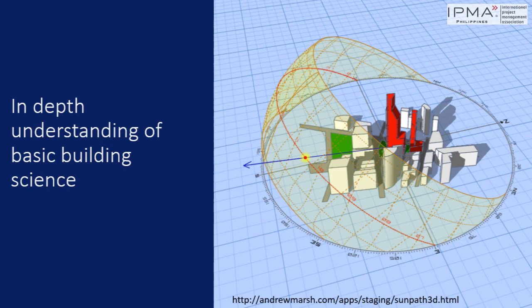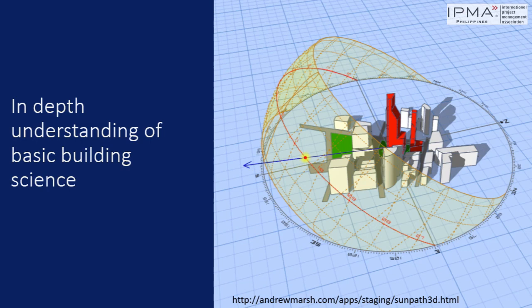Learning about the sun path will guide the project team on which side of the building will have thicker glazing, which part of the building will have less thick glazing, and which side of the building will require shading and protection from glare.